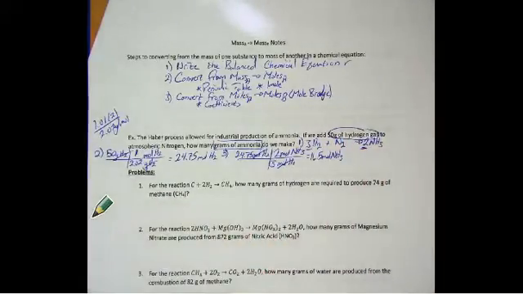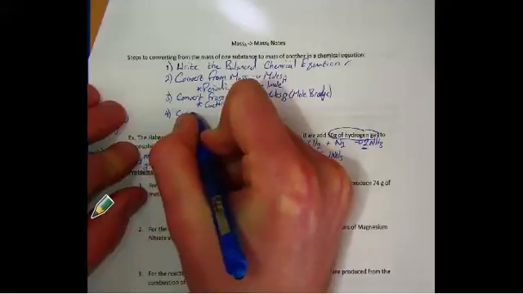All right. Now that we have crossed the mole bridge, now we have moles of NH3. Now we know exactly how many NH3 molecules we have. And next, all we have to do is convert from moles to mass.